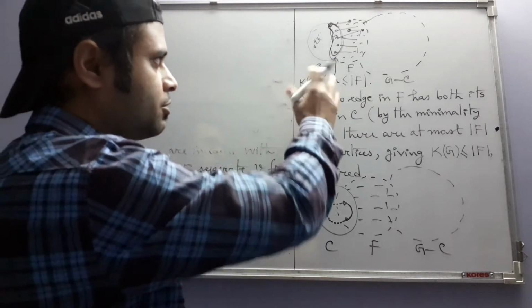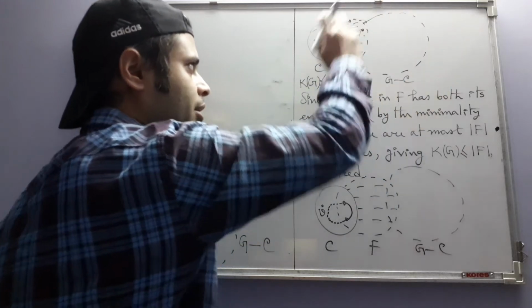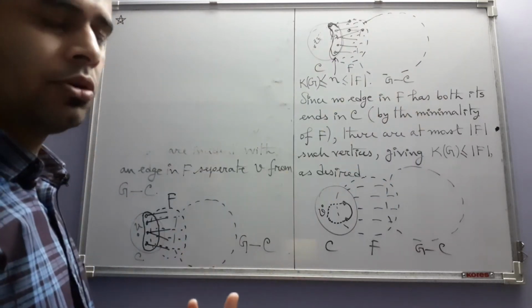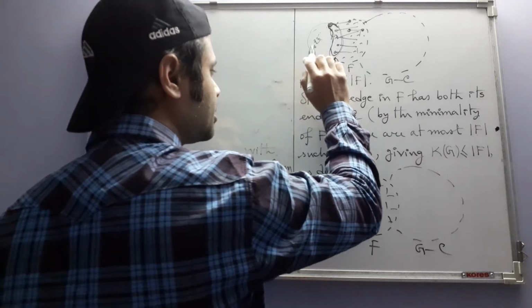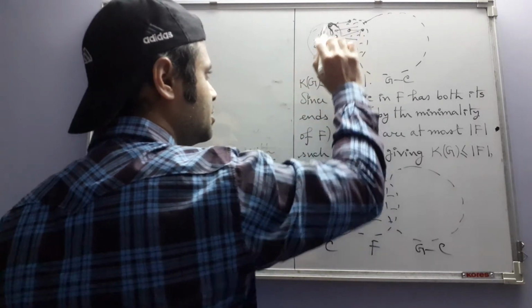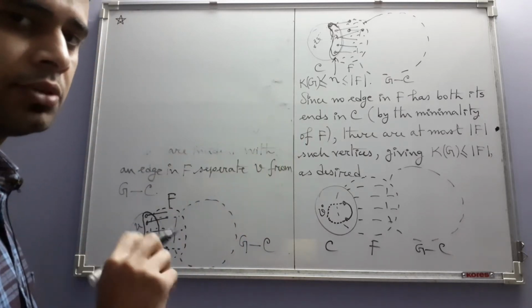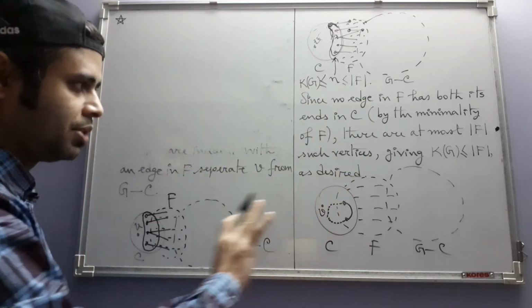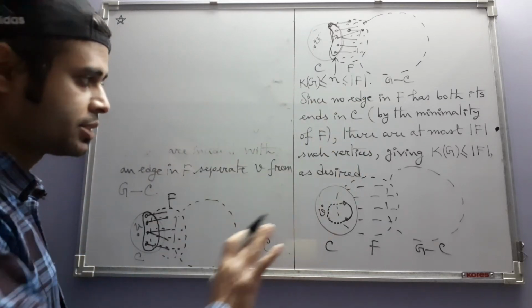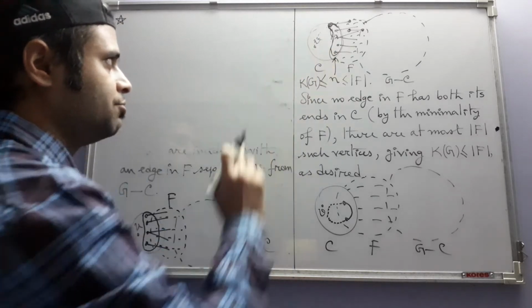But then that does not disconnect the graph. After removing all these things, we don't know whether it is disconnected or connected. But now, because of the presence of V, after removing these vertices, we know for sure that the resulting subgraph is disconnected. So that's why we have been able to proceed like this. Now comes the second case where no such V is there.